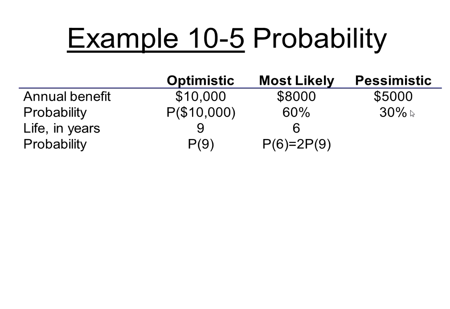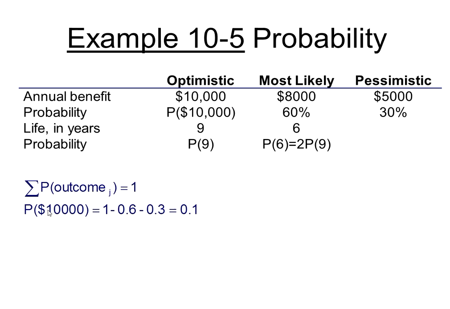Subtracting that from 1, we get the probability of 10,000 is 0.1 or 10%. And that's exactly what you see. The probability that we're going to have the 10,000 optimistic annual benefit is 1 minus the other ones, using this rule that the summation of the probabilities of all different outcomes should come to 1.